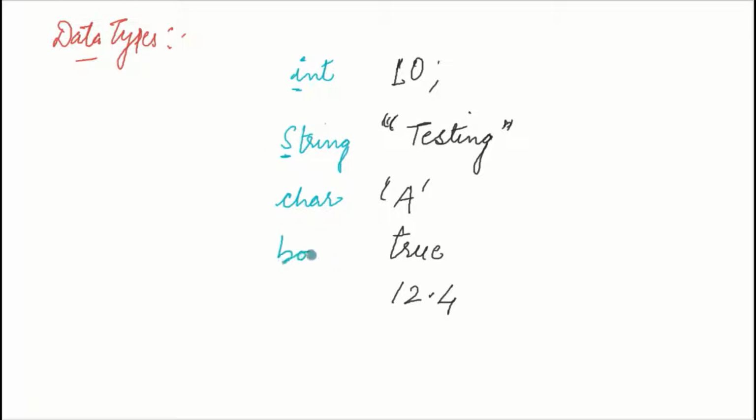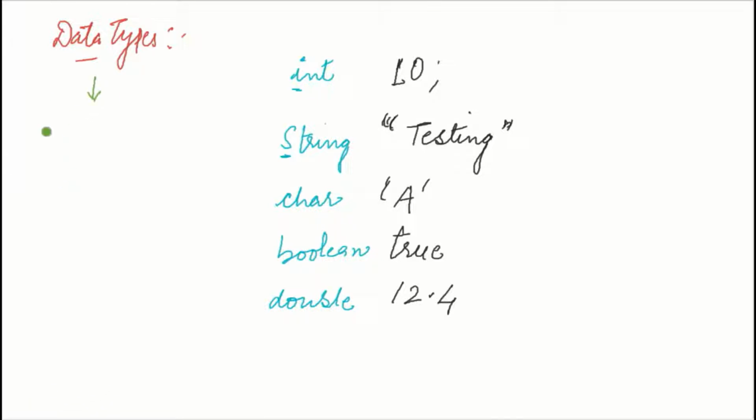This is our Boolean value, and this is a kind of decimal value, but again with a specific data type known as double. Other than these, we have further data types, and first we'll check how many different data types we have in Java.